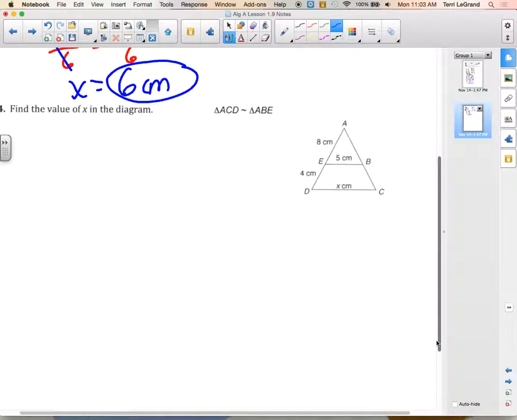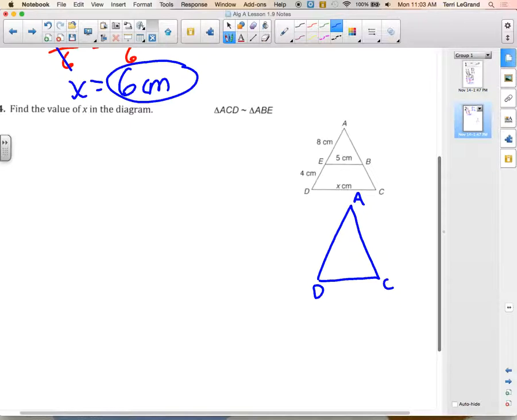It says triangle ACD is similar to triangle ABE. These are easier to do if you actually redraw it when one of the figures is on top of the other. So let's take our triangle ACD: A is up here, C is here, D is here.